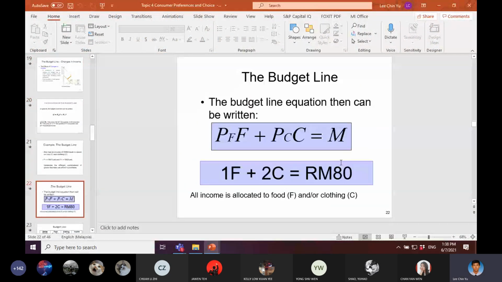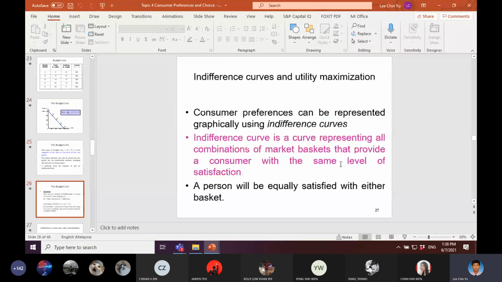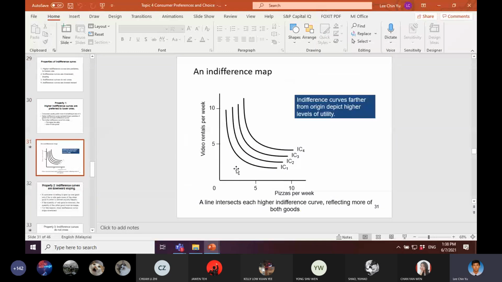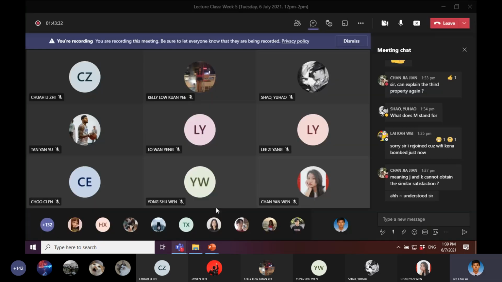Property number one says that if your indifference curve is farther away from the origin, you get a higher level of utility, because you can consume more goods. So if the curves cross, you violate property number one. Remember? Any other things that are not clear?